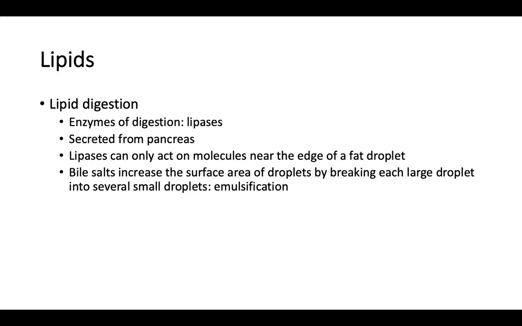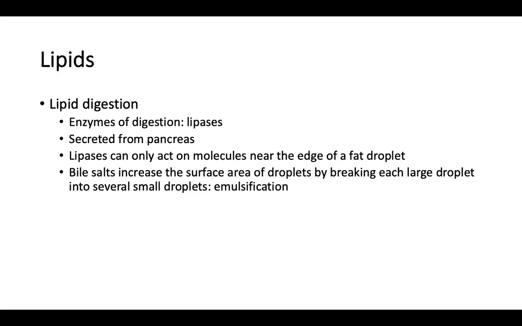It can't go deep into that larger fat globule. And so because of that problem, we need bile salts to come in to break that larger fat droplet into smaller fat droplets. And this is a process called emulsification.